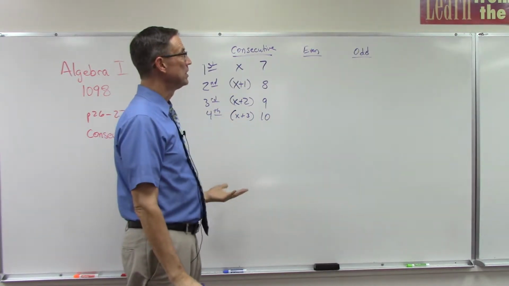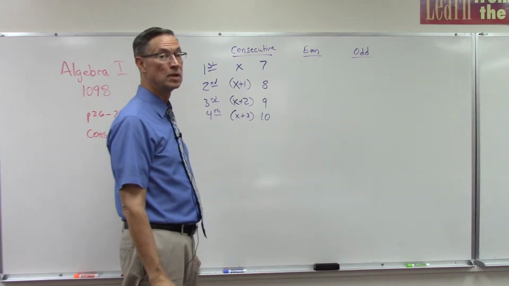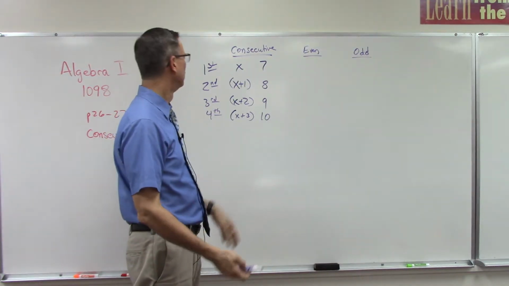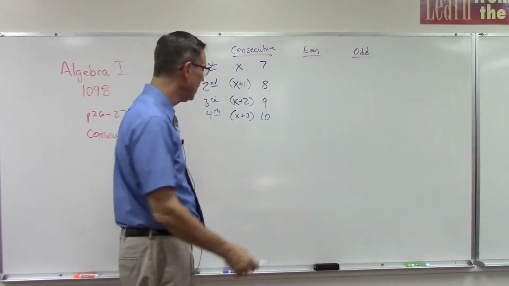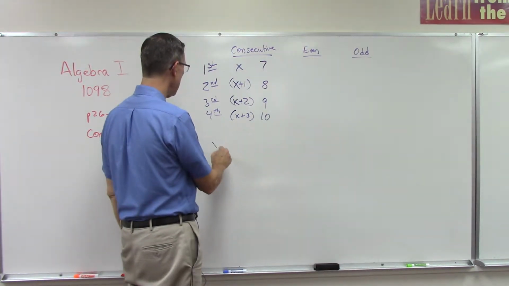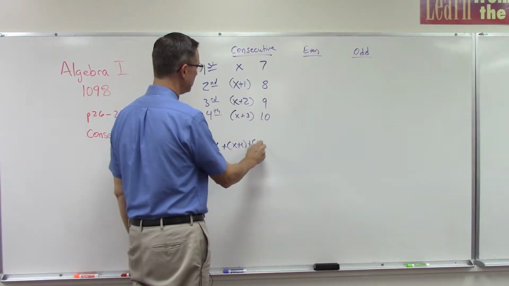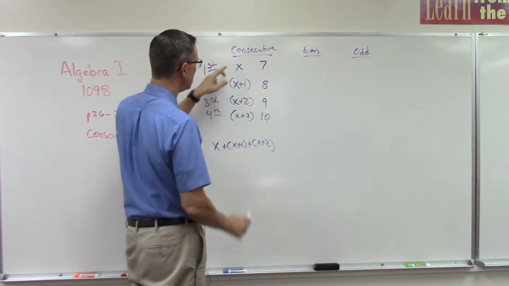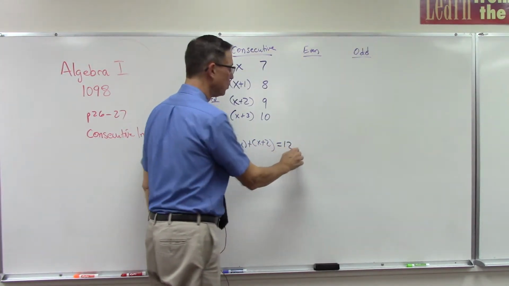So if I had a problem that said the sum of 3 consecutive integers is 12, then I would say X plus X plus 1 plus X plus 2, so this is the first, the second, the third, equals 12.